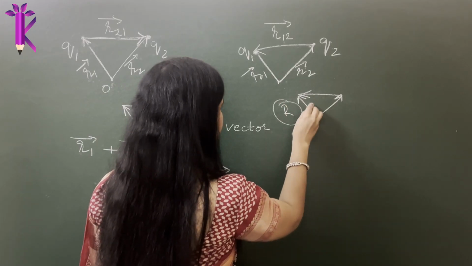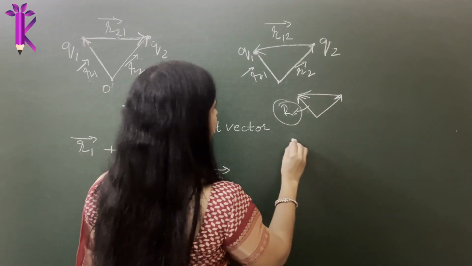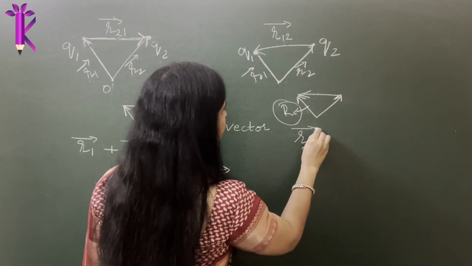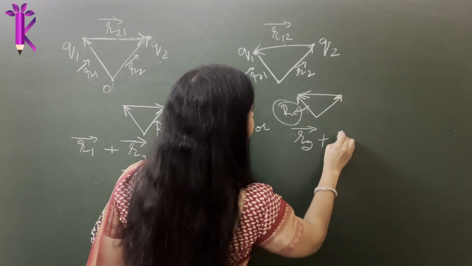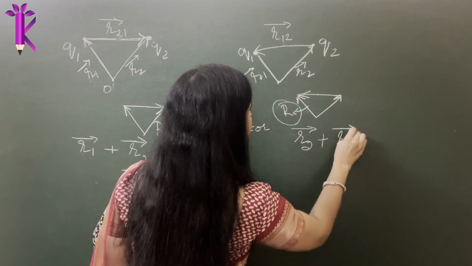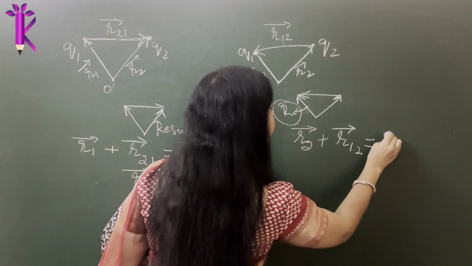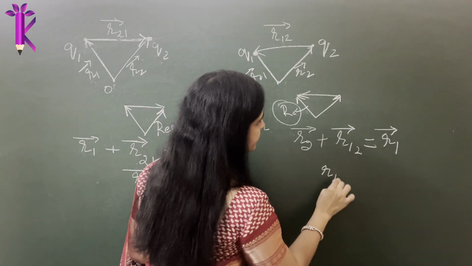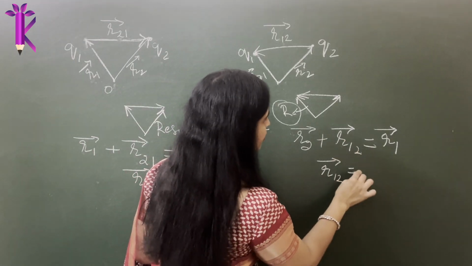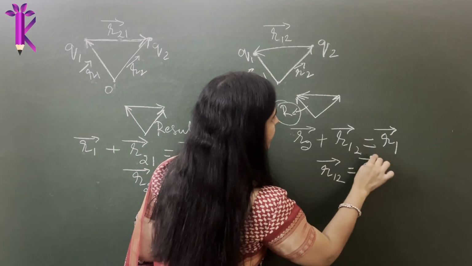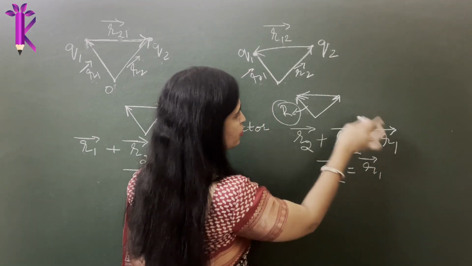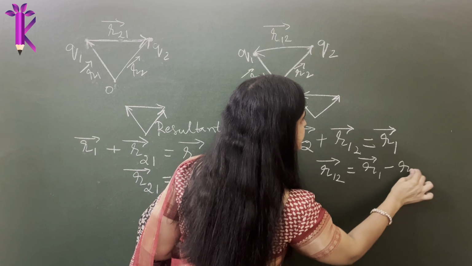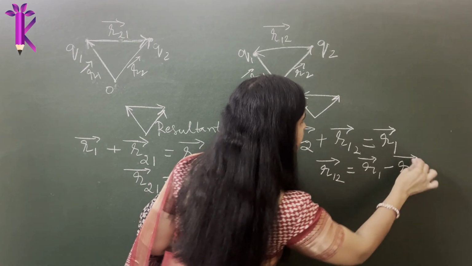How do you write it? Vector R2 plus vector R12 will give you vector R1. So what will be vector R12? Vector R12 will be equal to vector R1 minus R2, because the plus sign becomes minus when it goes to the other side.